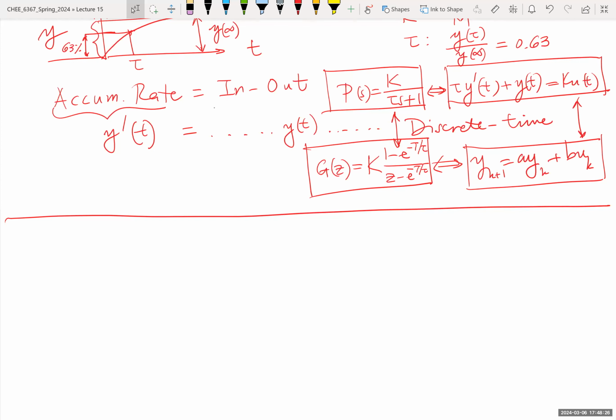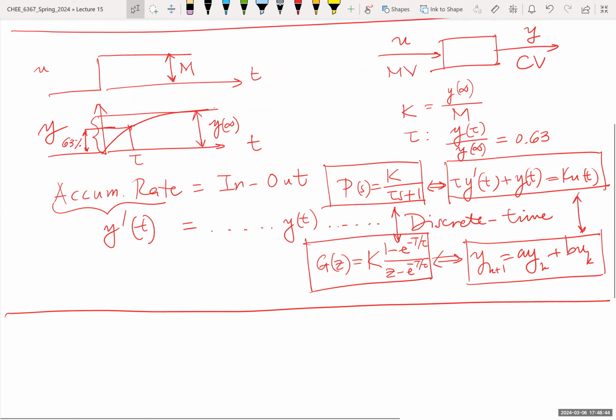For example, you may have mass and energy as in a reactor, right? Or you may have multiple stages in a process, as in a distillation column. In that case, you will have higher order processes, and higher order processes can be identified again from data.